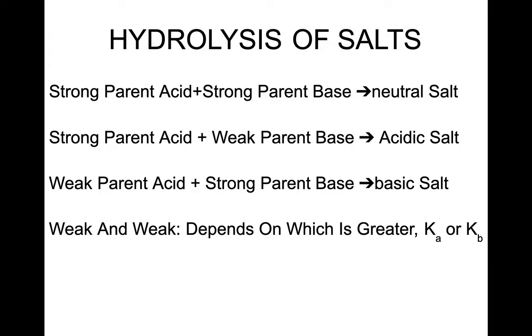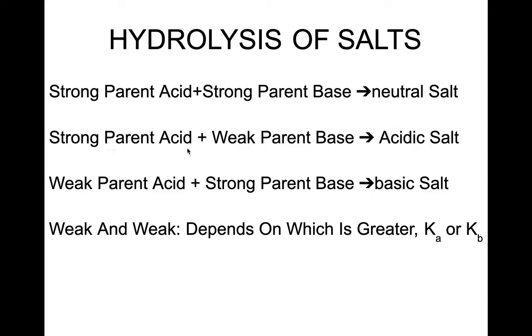So when we talk about hydrolysis, there's four possibilities. We could have dissolved a strong acid and a strong base, in which case we will produce a neutral salt. Strong plus strong, we get a neutral salt. We could have combined a strong acid and a weak base, in which case we will produce an acidic salt.